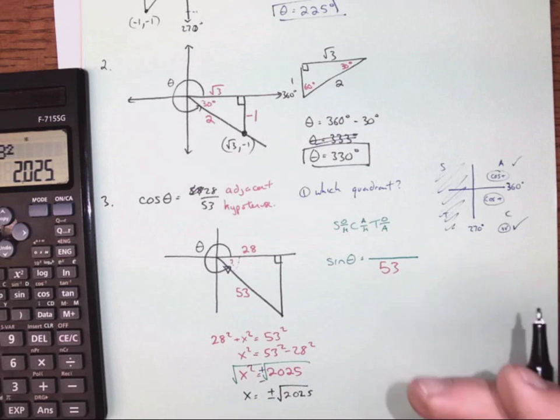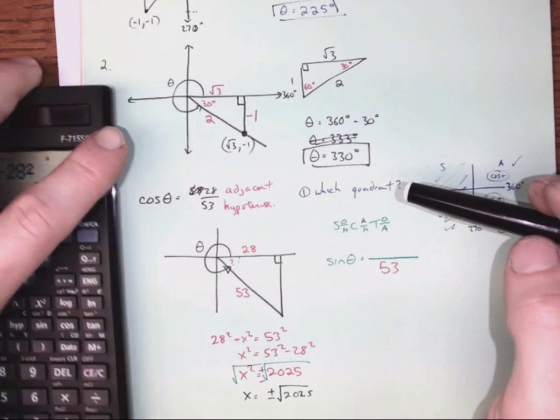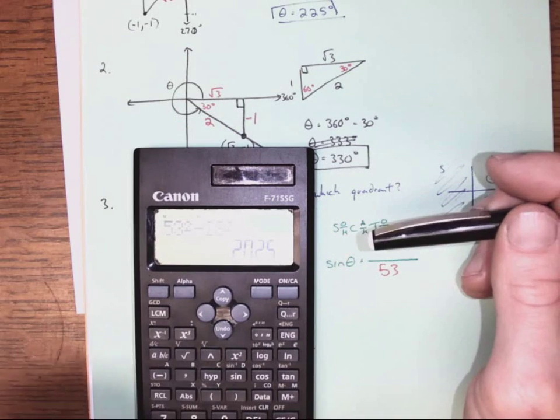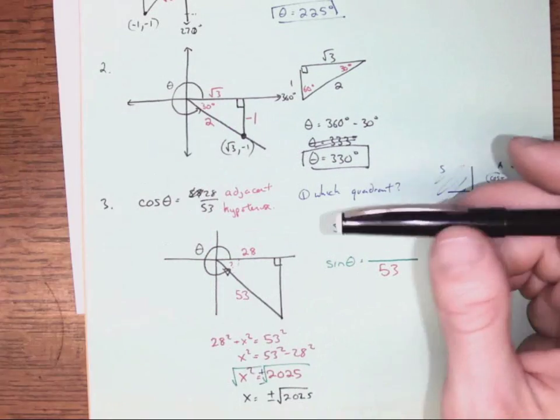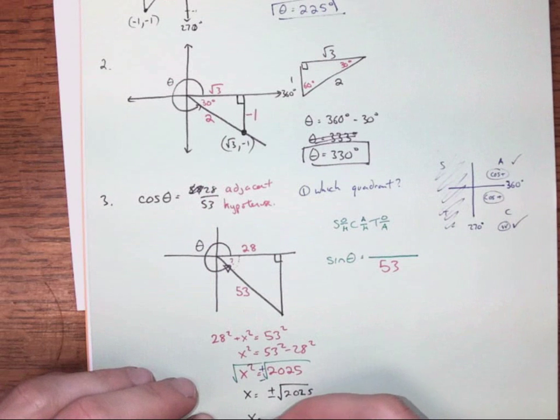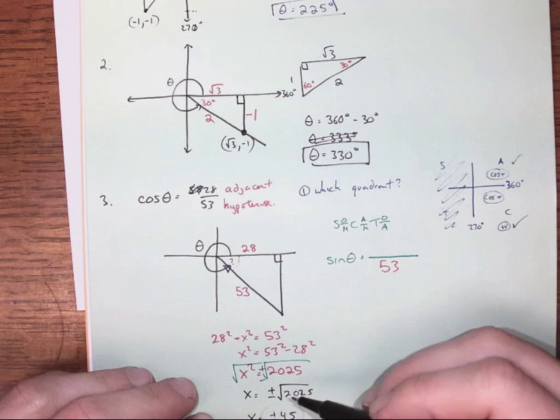I think the square root of 2025, do I know that? You know what, I might not know that. 45? I don't know. What is the square root of 2025? It's 45, okay. So that means x could be positive or negative 45. In this case, it'll be a negative value.